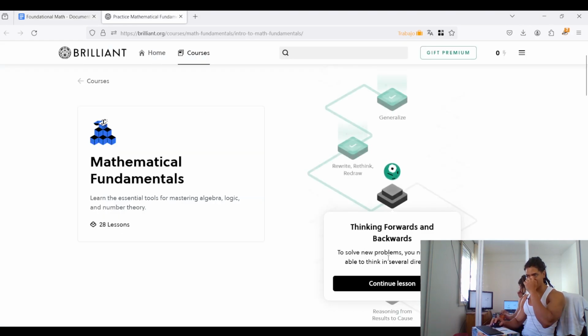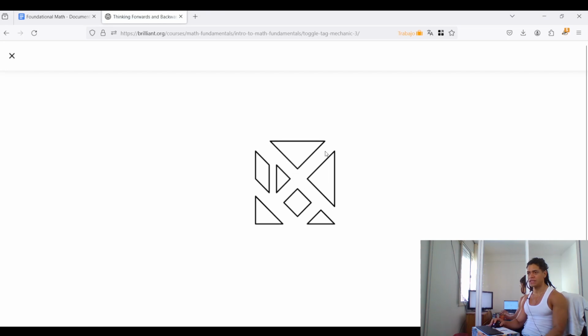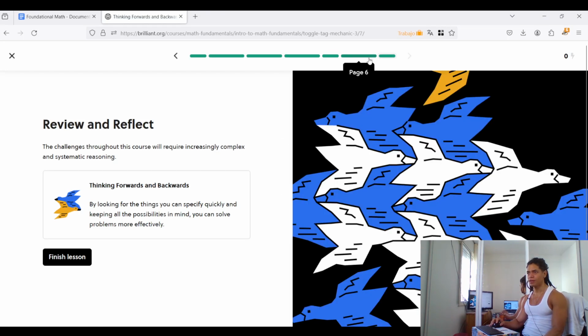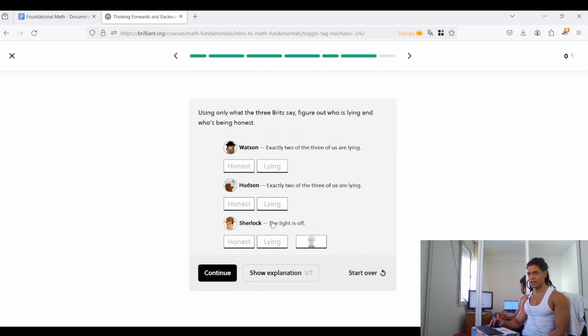And now let me put a practice here with this example, where they say something like this: using what the three people say, figuring out who is lying and who is being honest.